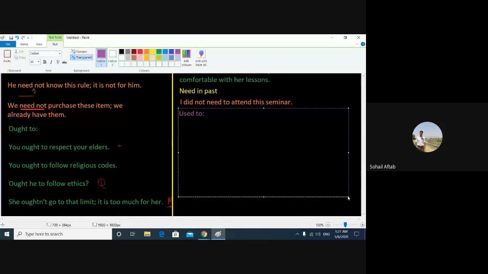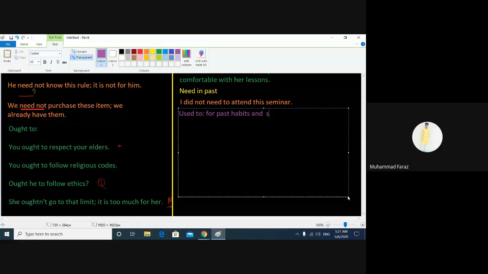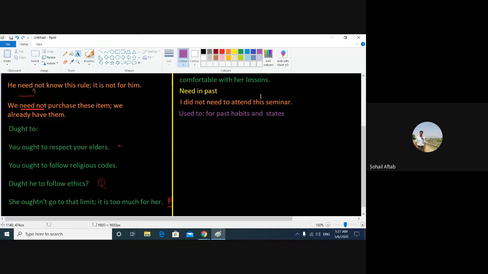We use used to structure for past habits and states. Okay, this is something very important to understand. What is a habit and what is a state? Let me underline habit and then state.